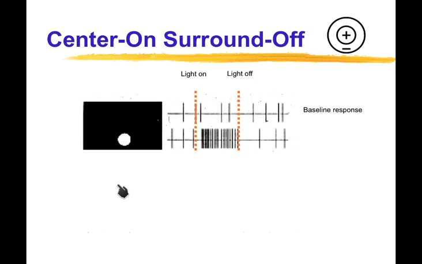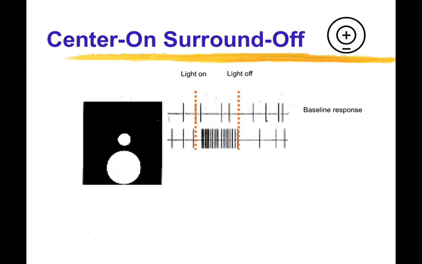Then he's shining a particular point in space, a point of light, and you can see the red line indicates the duration that the light is on. So this is a time axis, no light. He shines a spot of light, he takes it off, and you can see that there is an increase in the firing rate of the neuron, because the light is hitting its excitatory center.